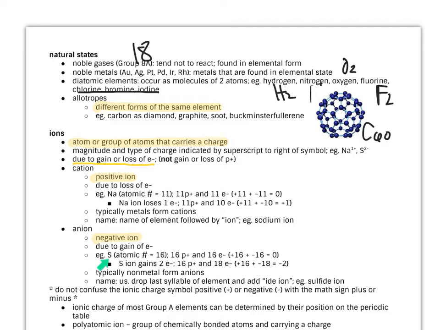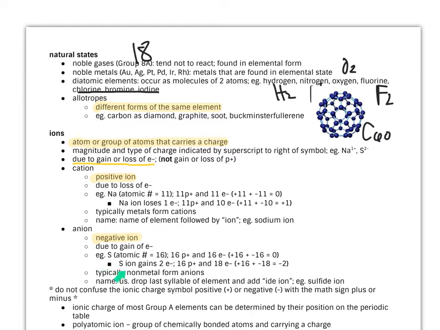For example, we have sulfur here, and sulfur's atomic number is 16. So how many protons does it have? 16. And how many electrons does it have? 16. Again, positive 16 plus negative 16 is 0. So this is just an element, no charge, just sulfur.